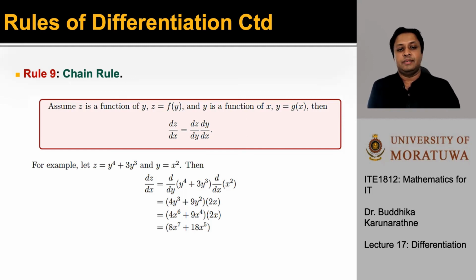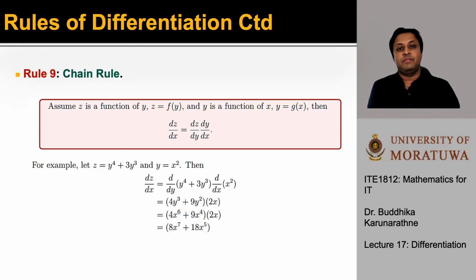Then you will get 4 times x to the power 6 plus 9 times x to the power 4, times 2x. And if you further simplify, in the next step you will get 8 times x to the power 7 plus 18 times x to the power 5. So this is how we apply the chain rule with regards to differentiation.